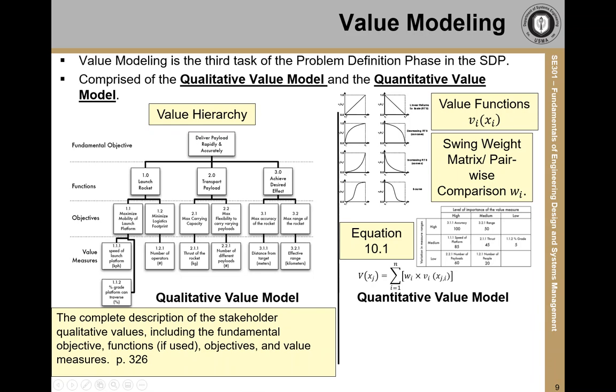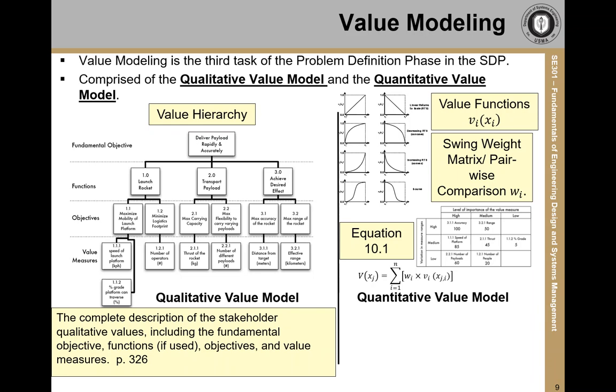All right, and then we put it all together using this equation at the bottom. V of x_j equals the summation from i equals 1 to n of a given weight times a value score for that alternative. Essentially, what we're saying is we will add up the weighted score for each alternative that we're considering for each value measure.